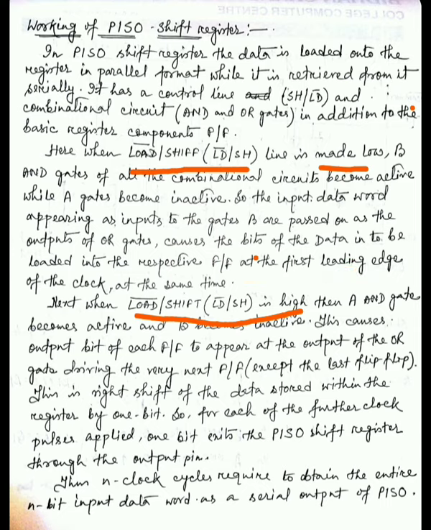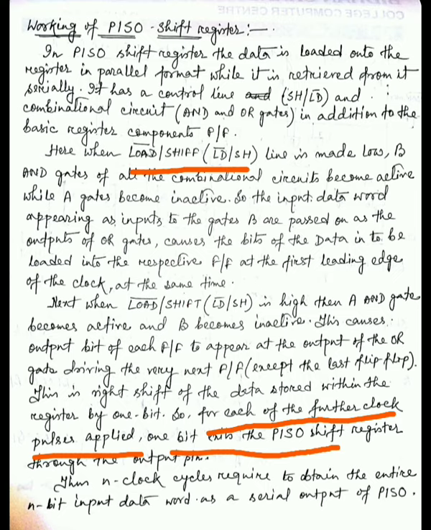And whenever it is high, for each further clock pulse applied, one bit exits the shift register to the output. That means if it requires 4-bit data, then we need 4 minus 1, 3 clock pulses to get the data from the flip-flop.